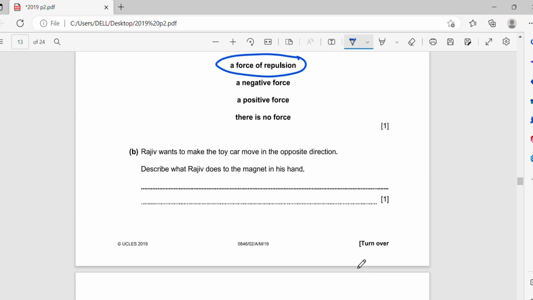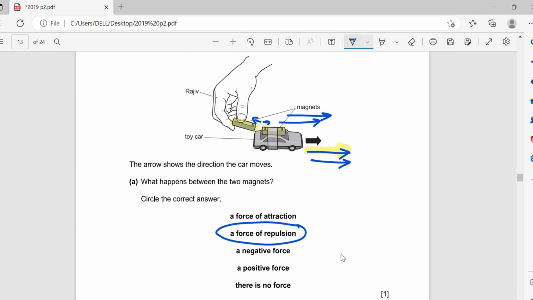طيب. Rajiv wants to make the toy car move in the opposite direction. يبقى Rajiv wants the car to move in the opposite direction, to the left side. What can he do? Actually, he can do two things.